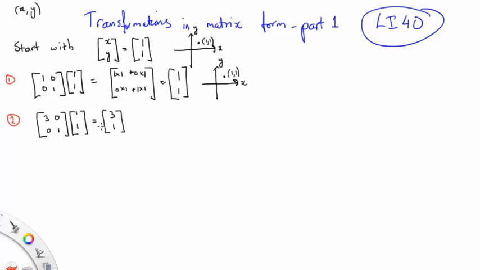Practice that by hand. Let's put this on our Cartesian coordinates. 3 1. Well, this is the x value, 3, and the y value is 1. Something's changed here now.